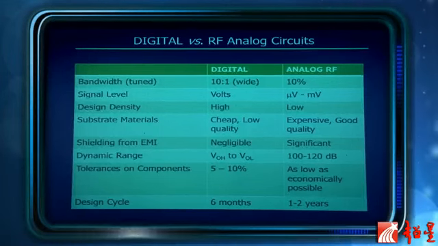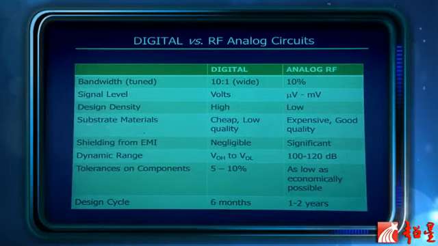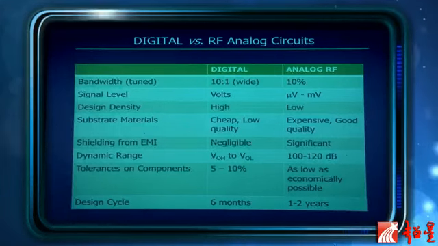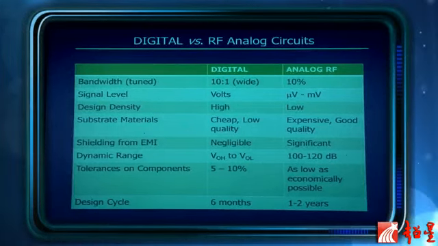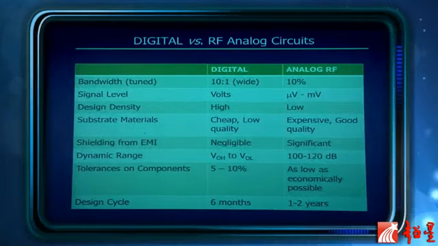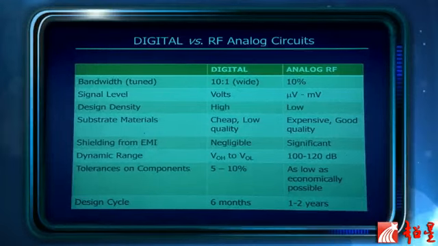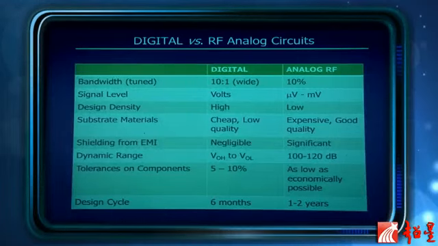And then about the design materials. In digital design, we need to make it very cheap. Digital chips are much less expensive than RF chips, because RF chips usually are small, and you don't need a lot of them. You can afford to make them very expensive.